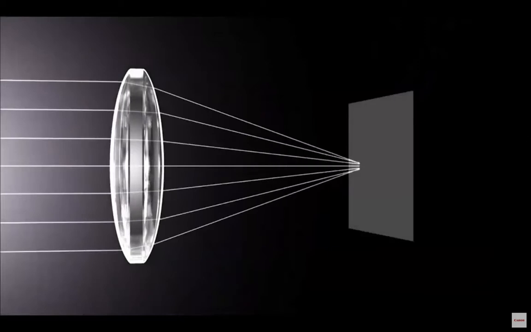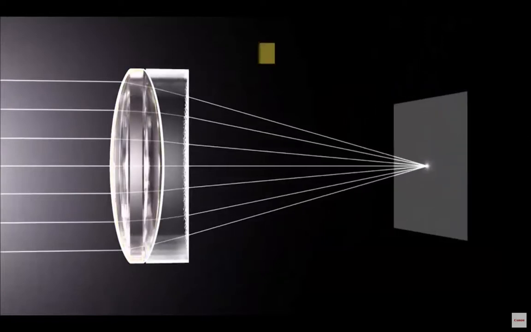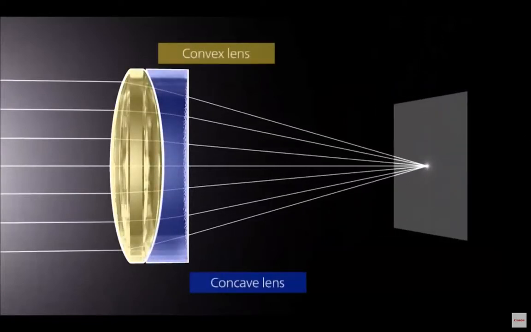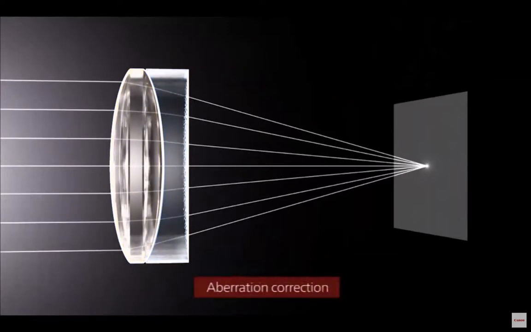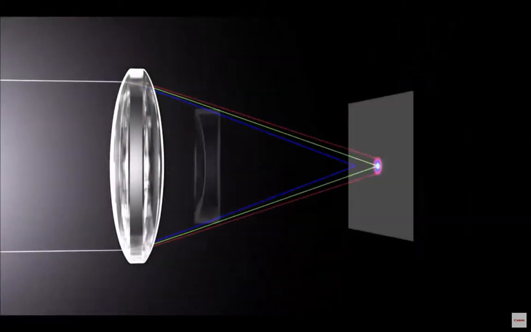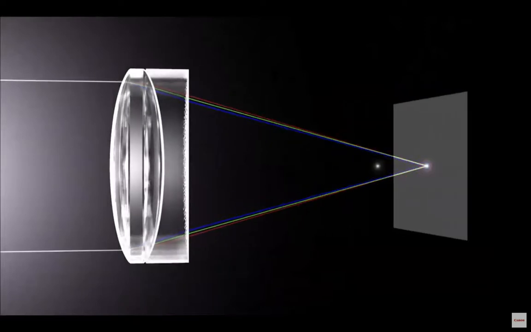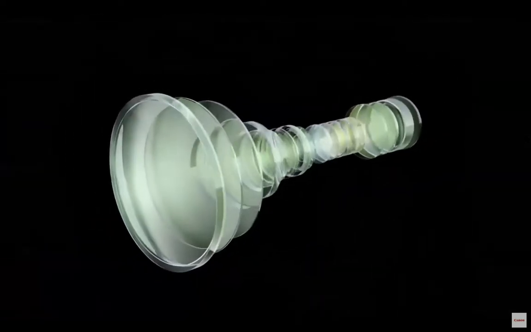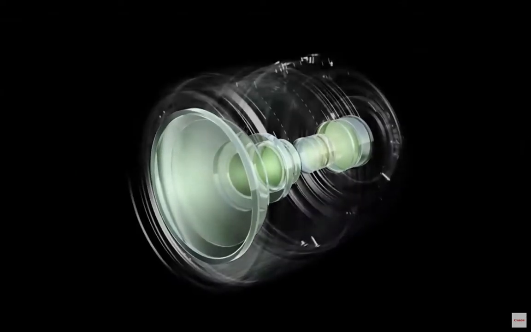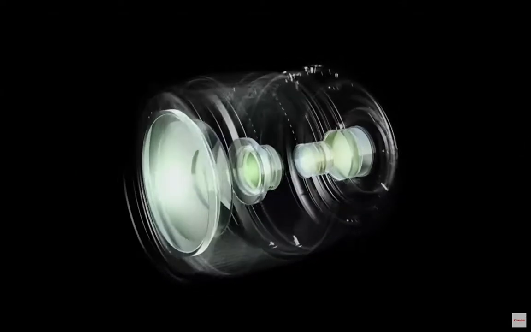Making light converge neatly to a single point requires technology. Since the direction in which spherical aberration occurs in a convex lens is opposite to a concave lens, through a combination of two or more lenses, light rays can be made to converge to a single point. This is called aberration correction. Chromatic aberration can also be corrected by combining two lenses. To achieve the most beautiful images possible, actual camera lenses incorporate multiple individual lenses that correct focus and color bleeding.